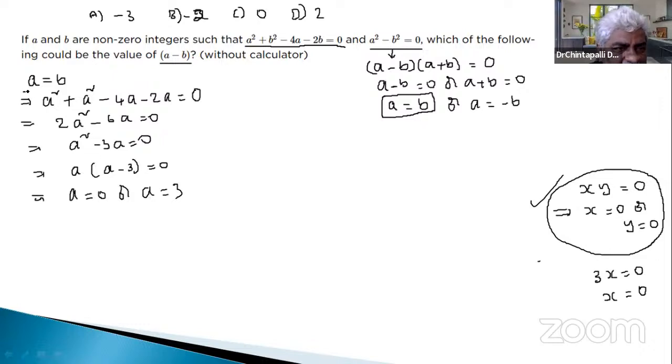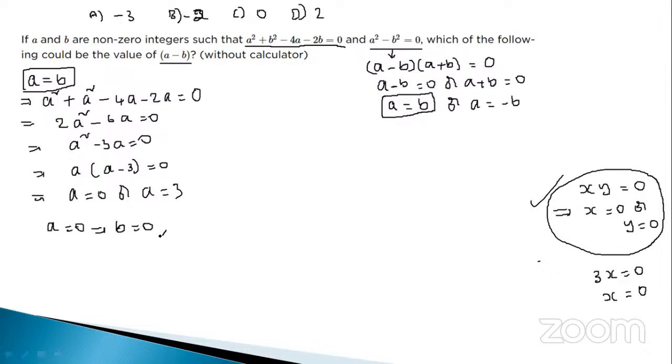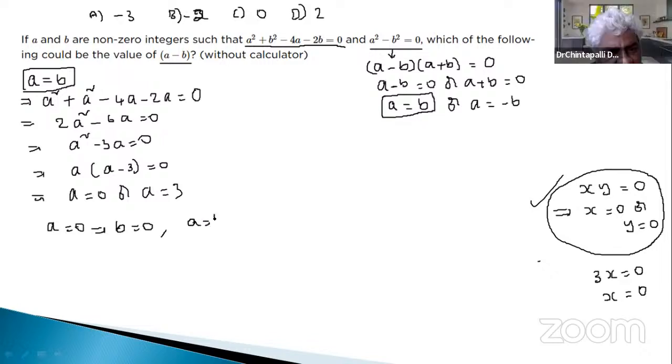As we know, a is equal to b. Both are equal. If a is equal to 0, then b is also 0, right? If a is equal to 3, then b is also 3.